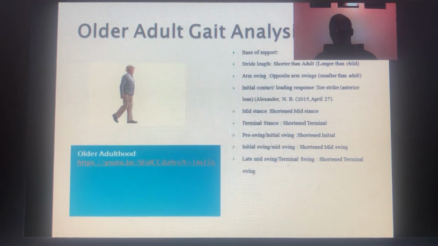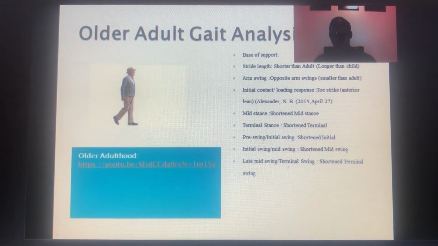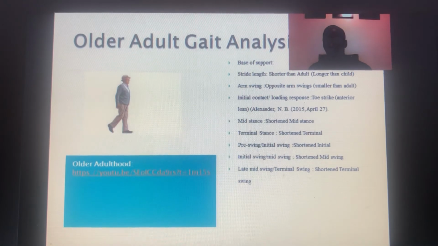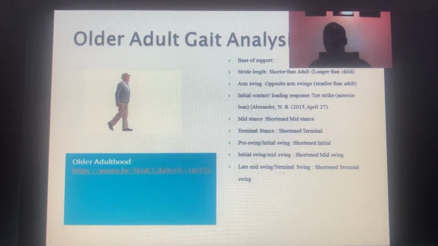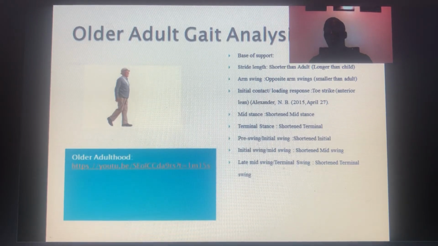So all the shortened ones are as opposed to the adult, because even the shorter older adult gait would be a little bit bigger than the early childhood and childhood swings. So the late swing and terminal swing would be the shortened terminal swing.